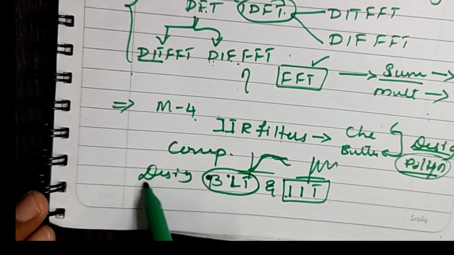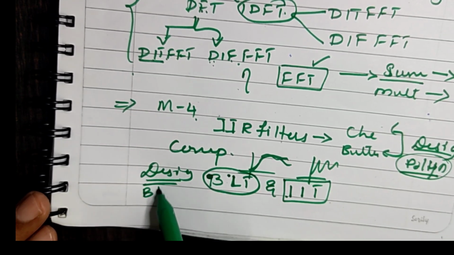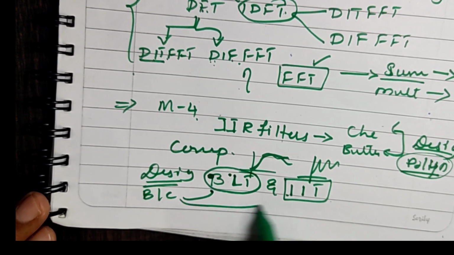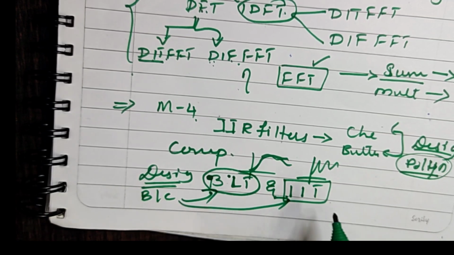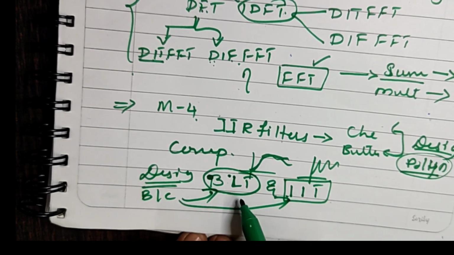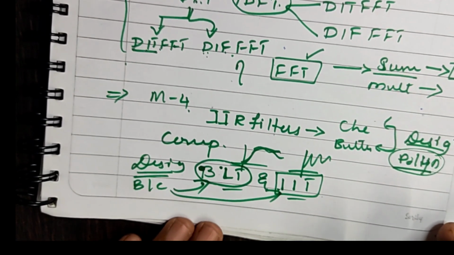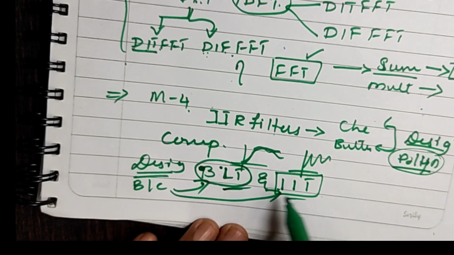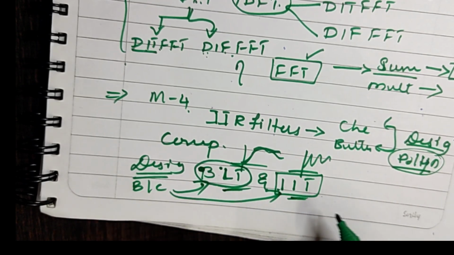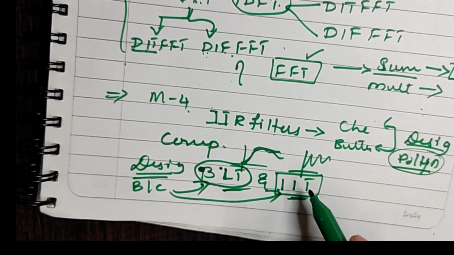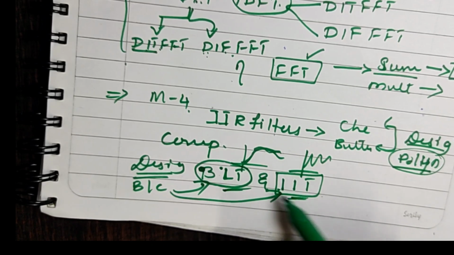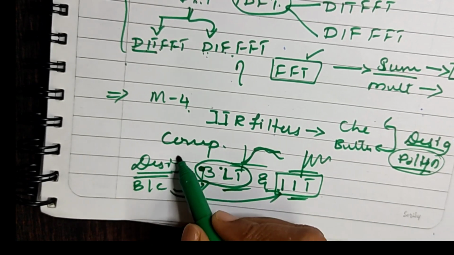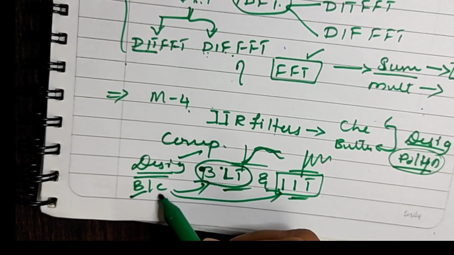These two have a definite procedure. You can easily tackle this. Even if you wish, I'll prepare this and hand it over to you. BLT and IIT are the methods to design Butterworth and Chebyshev.